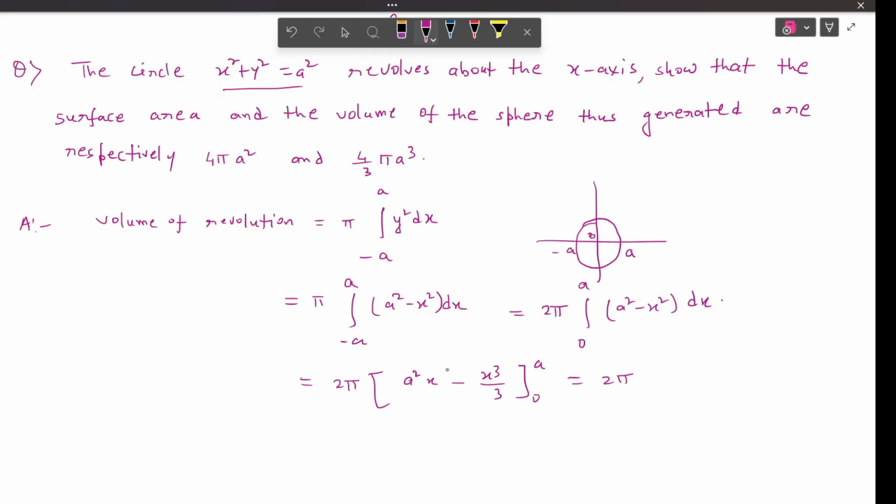If we put a, it would be a cube minus a cube by 3. If we put 0, both of them will be 0. If you simplify, it will be (3a cube minus a cube) by 3, that is 2a cube by 3. So this is 4 pi a cube by 3.